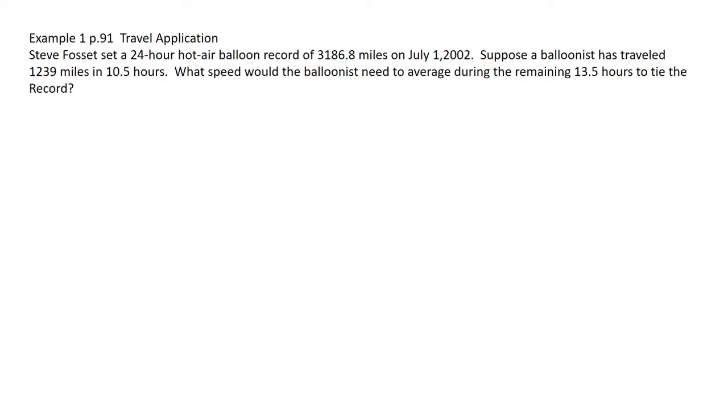So what we want to do first is look at this. It says that he's traveled already 1,239 miles already. And then he needs to travel another distance. And his total distance is going to be 3,186.8 miles.